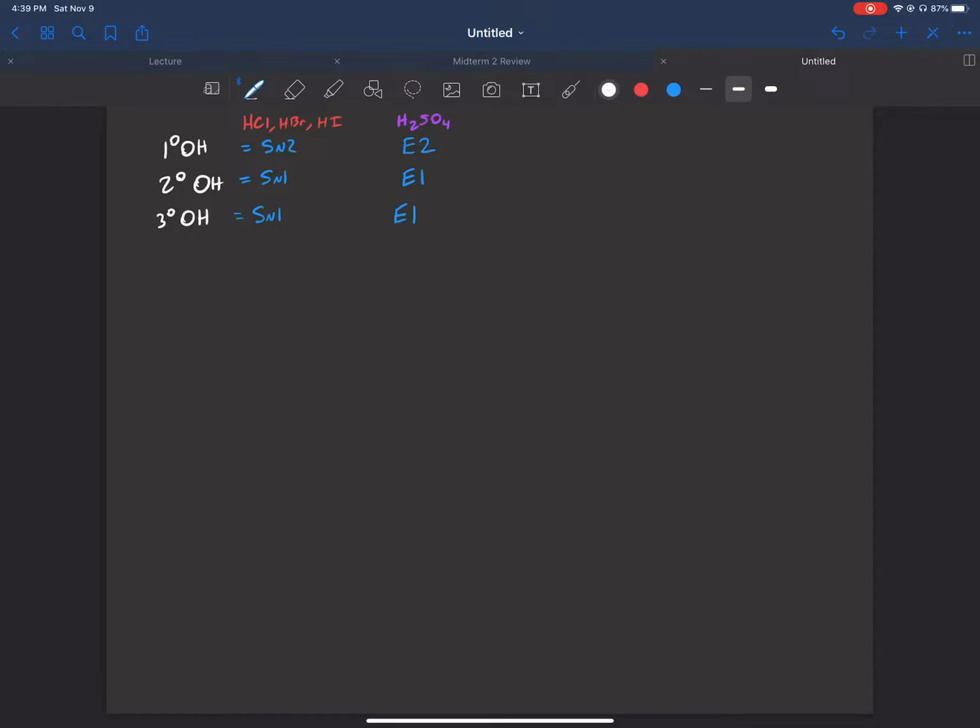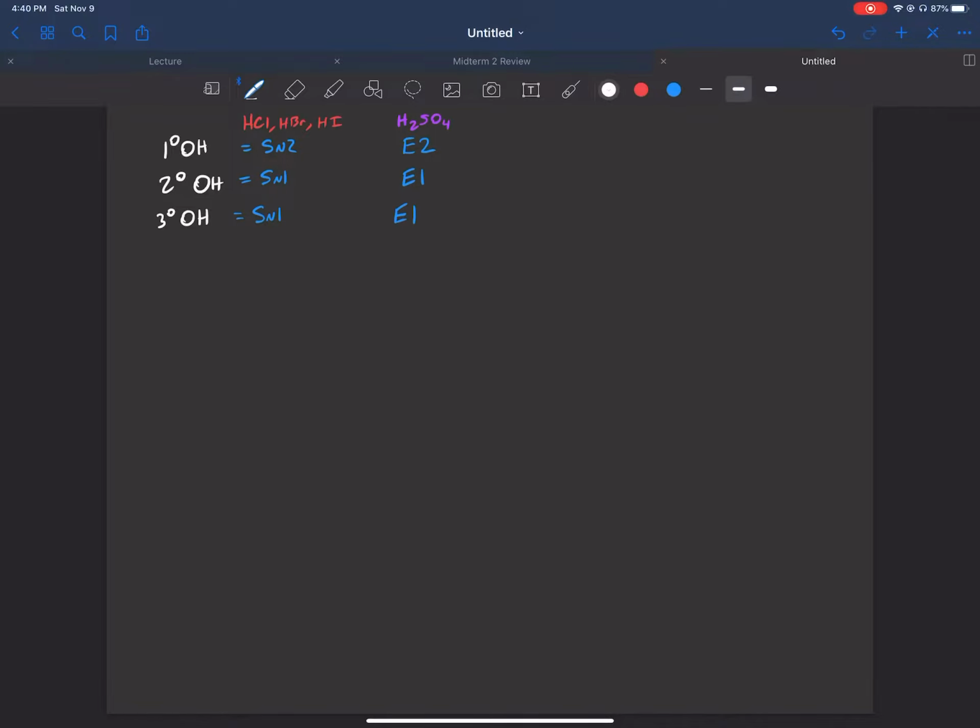Now we're going to go through examples of how we can turn alcohols into good leaving groups without using an acid, all right? So this video is going to be covering essentially these structures that you guys have seen called tosylates and mesylates, okay? And the bare bone structure of these groups essentially just looks like this.